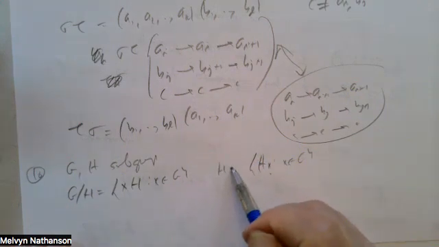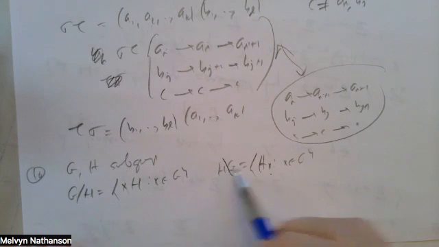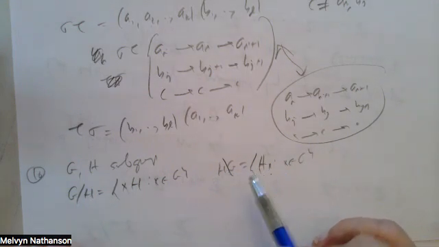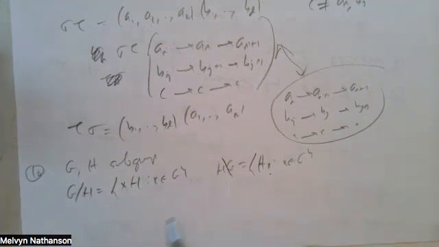I'll write that as H slash G. One can prove that if you look at the map from this set to this set that sends xH to Hx, that's one to one and onto. So the number of left cosets equals the number of right cosets.